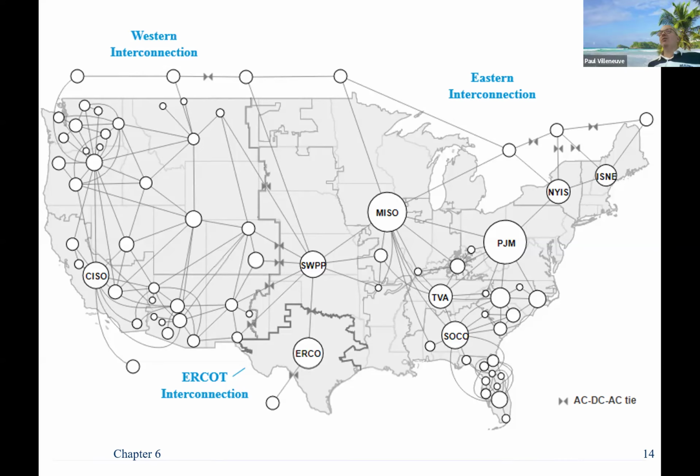But all these ISOs, you go onto their websites and you can get real-time information about what the power system is doing. You can see there's not a lot of power that goes between Mexico and the States, but a lot of power goes from Canada into the States. If you paid attention to tariffs, I think the governor of Ontario, Doug Ford, had threatened tariffs on electricity sales into the States.